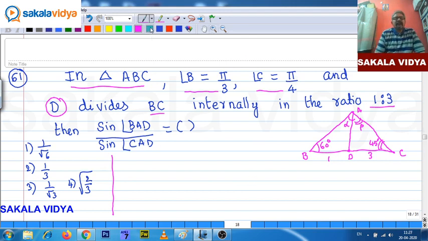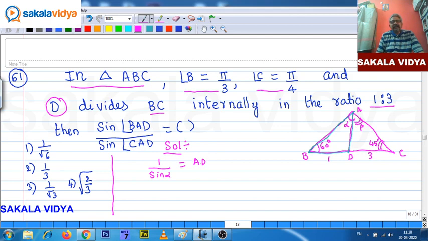So first consider this triangle. In this triangle we can write using sine rule: alpha is opposite to 1, so 1 by sin alpha equals AD by sin 60, since AD is opposite to 60.